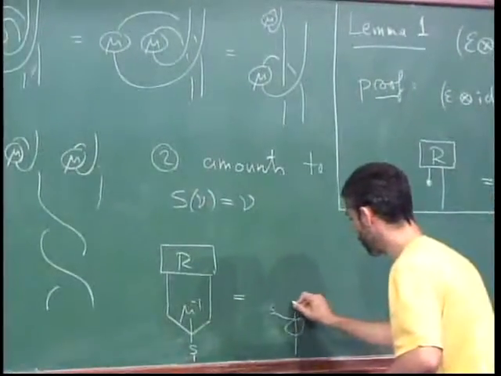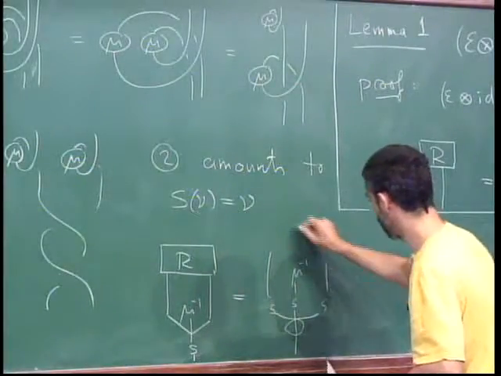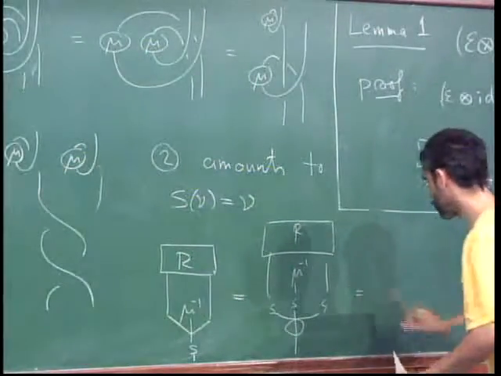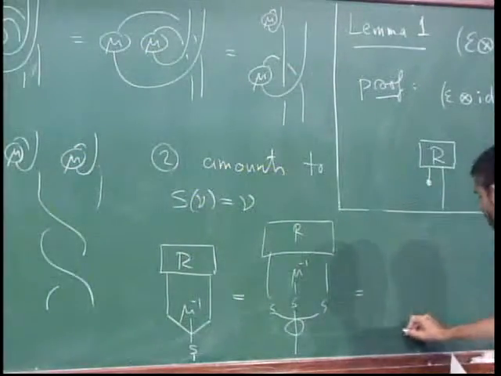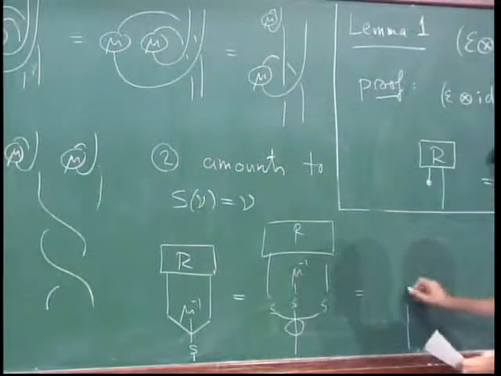Then I have S here, S there, mu inverse, R. S acting on mu inverse is just mu.